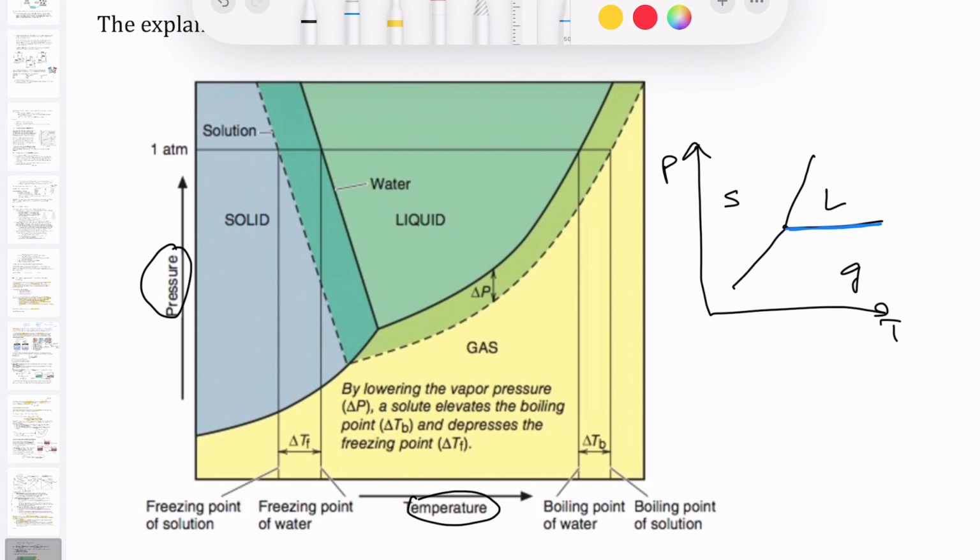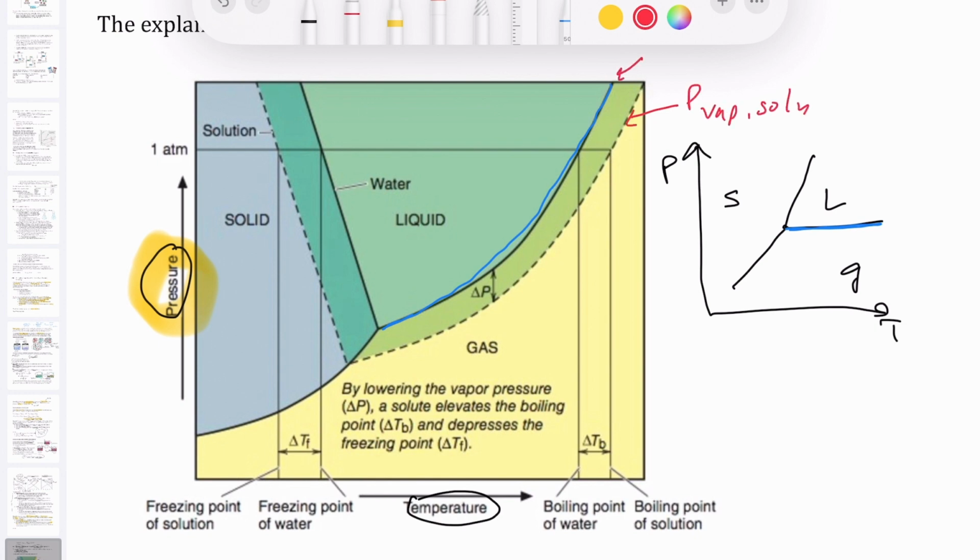So it's this line that I'm coloring in blue in the phase diagram. Now, what happens to the liquid-gas equilibrium? Because the vapor pressure is lower, that number, which corresponds to pressure, is going to be lower than it was before. So in the solution, the vapor pressure is given by this dotted line right there. So this is the vapor pressure of the solution.